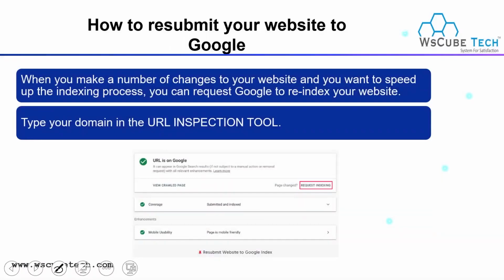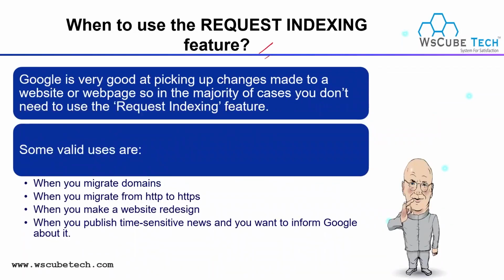Now, how to resubmit your website? For this, we simply visit our URL inspection tool, mention our URL there, and then click on request indexing. When to use the request indexing feature? This is one of the most important points. Google is very good at picking up changes made to a website or web page, so in the majority of cases you don't need to use the request indexing feature.